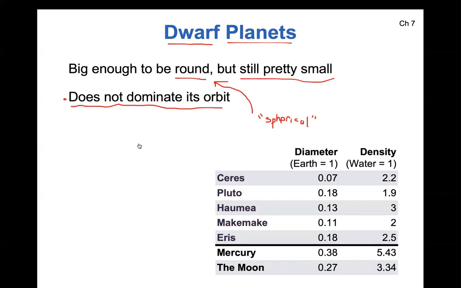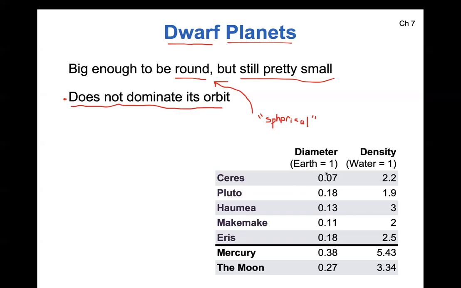So looking at the table here, we've got some sizes of dwarf planets. Okay, so well-known dwarf planets: Ceres, the only one in the asteroid belt; Pluto, Haumea, Makemake, and Eris. We can see that their sizes are quite small compared to the Earth, right?